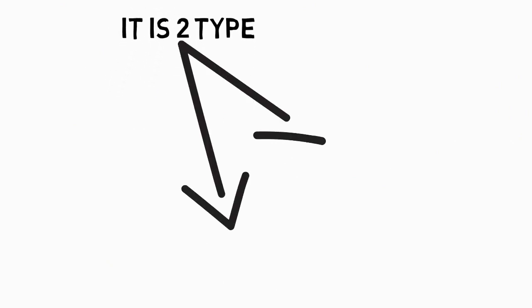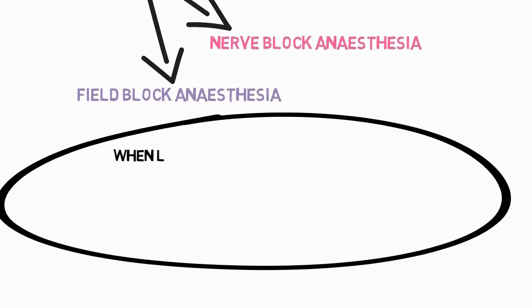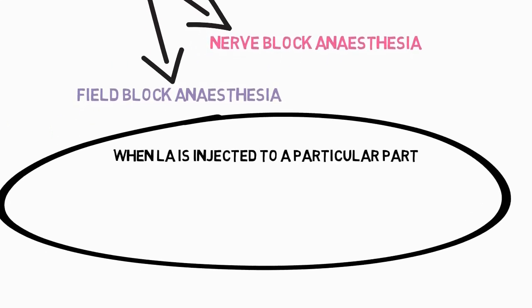Conduction block anesthesia. As the name suggests, there will be blockage of neuronal conduction. It is of two types: field block anesthesia and nerve block anesthesia. Field block anesthesia. In this type of local anesthesia, anesthetics are injected into a particular part of the body.